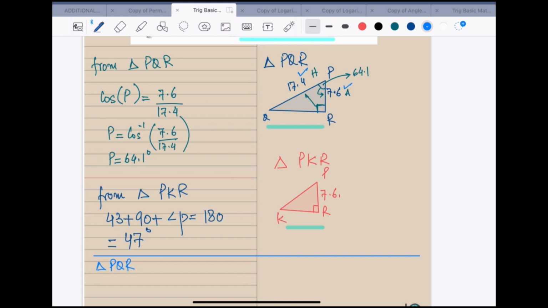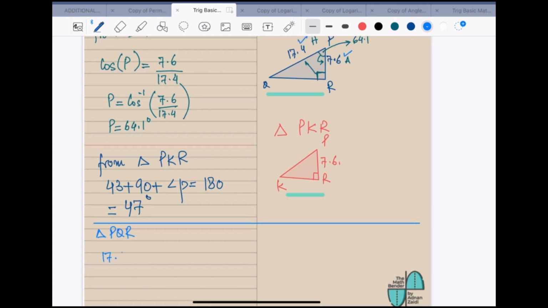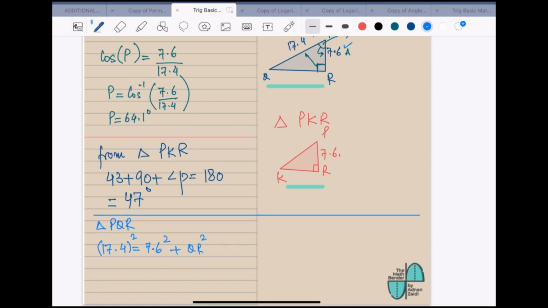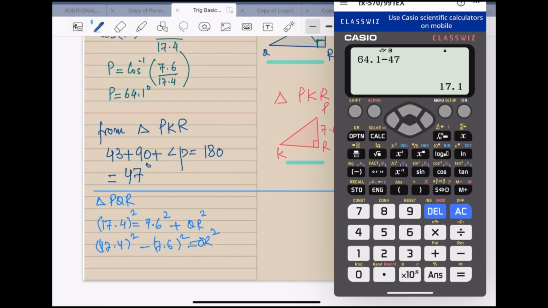So rather than applying any trig ratio, I can straight away apply the Pythagorean theorem. 17.4 whole squared is equal to 7.6 whole squared plus QR squared, and 17.4 squared minus 7.6 squared is equal to QR squared.